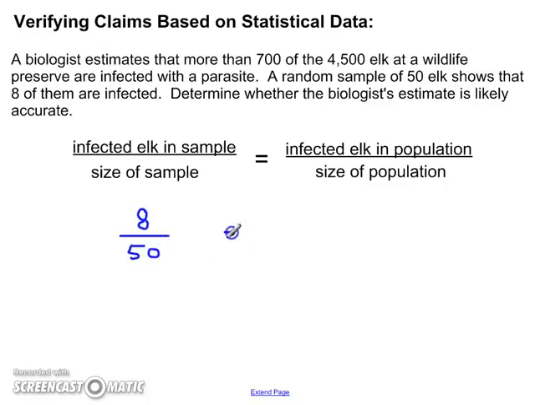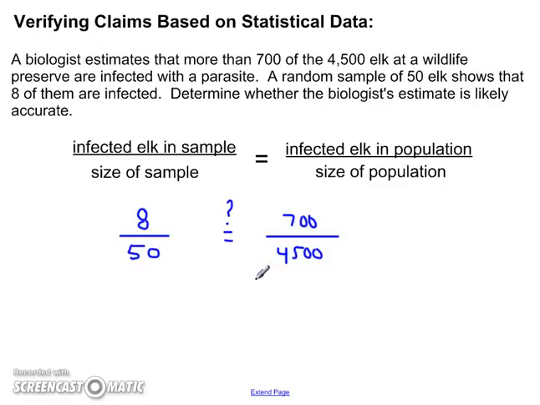And we are checking to see if that is equal to the possibly infected elk, which is 700, in the entire population, which is 4,500. Now, how do we compare fractions?